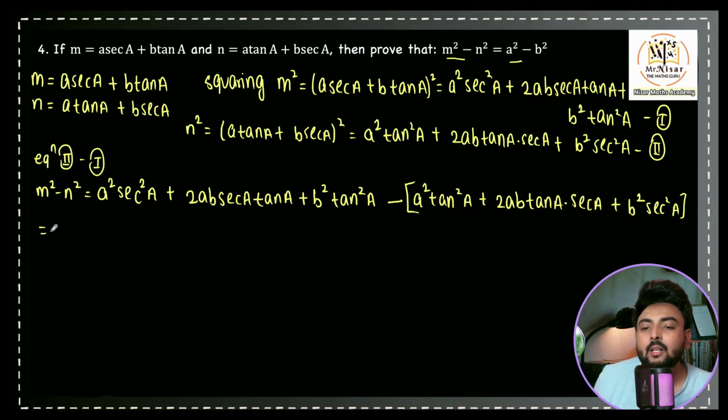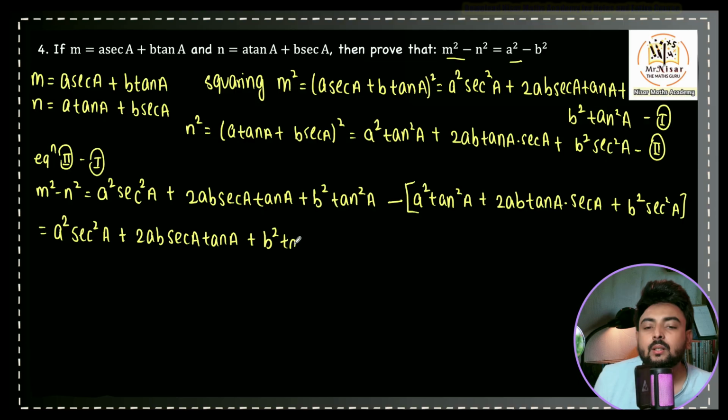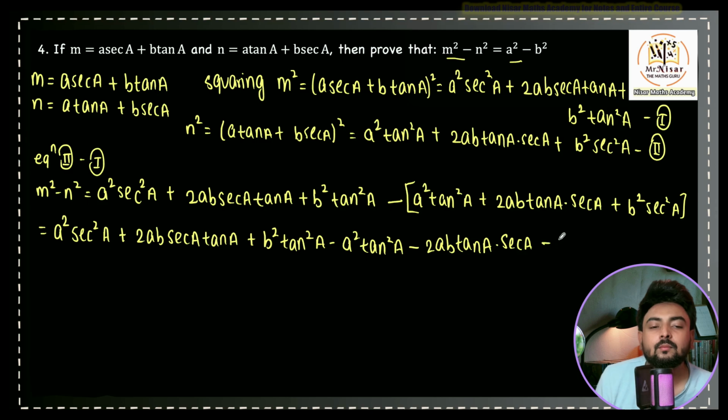So if I open the bracket now, see what I'll get: a square sec square a plus 2ab sec a into tan a plus b square tan square a minus a square tan square a minus, see, this plus becomes minus, this plus is going to become minus, all the signs inside the bracket will get changed, and this plus is going to become minus again.